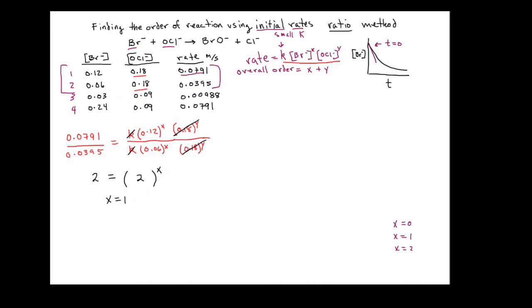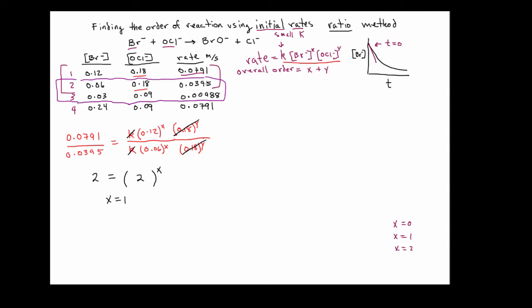So we're going to look for the place where the concentration of the OCl minus changes, and for that I'm going to grab experiment number 2 and experiment number 3 right here, because we go from an initial concentration of 0.18 to 0.09 in the third experiment. Remember, these are independent experiments.